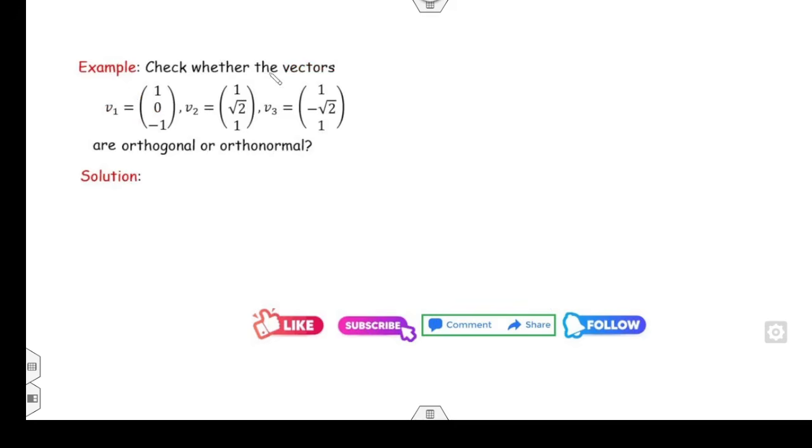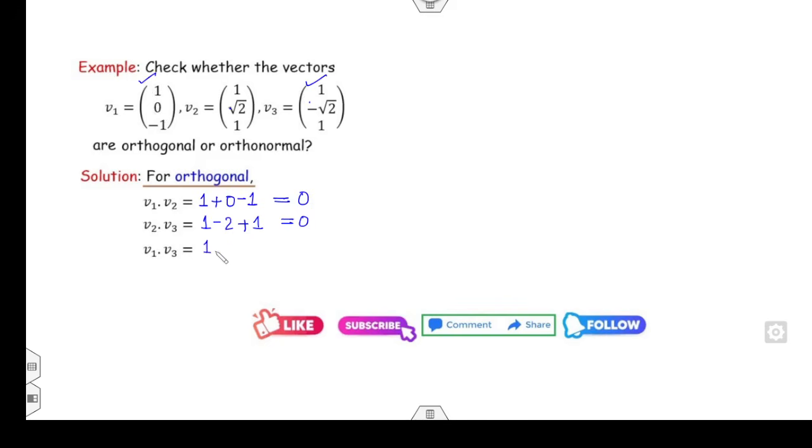Look at this set of vectors. Check whether the vectors are orthogonal or not. So we can find v1 dot v2, v1 dot v3, and v2 dot v3 for the orthogonal vectors. v1 dot v2: first element with the first element plus 0 minus 1, which is 0. v2 dot v3: 1 minus 2 plus 1, which is again 0. v1 dot v3: 1 minus 0 minus 1, 1 minus 1 will be 0.